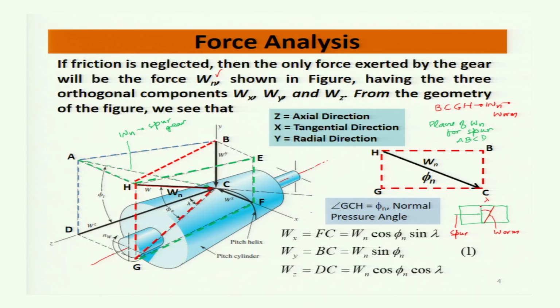So this is the plane ABCD, and this is the plane BCGH, and the angle between these two is the lead angle lambda by which the thread is rotated to have a spiral on the worm. So the thread is wound like this.